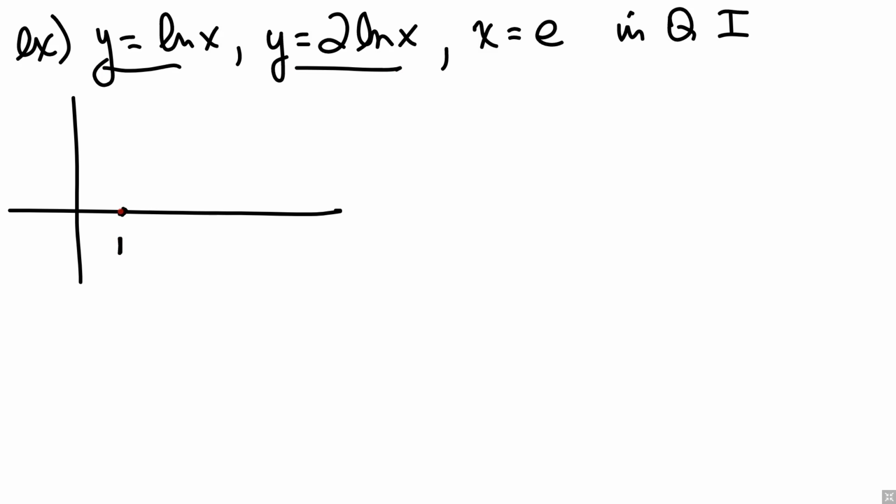They're both 0. And we're going to go over to e. So the first one is going to come up with a y value of 1. The second one will come up with a y value of 2. And this is your graph.